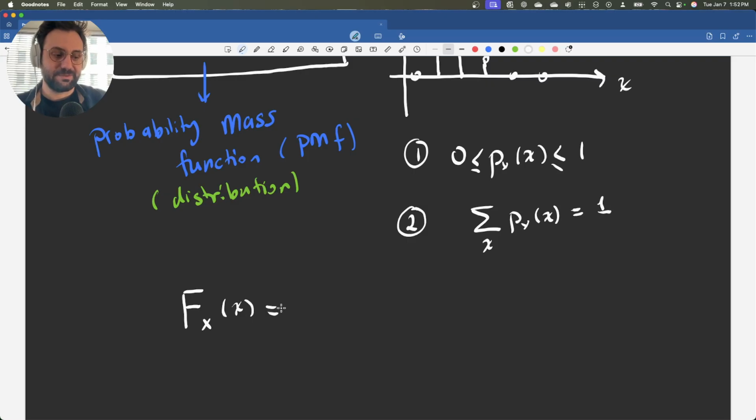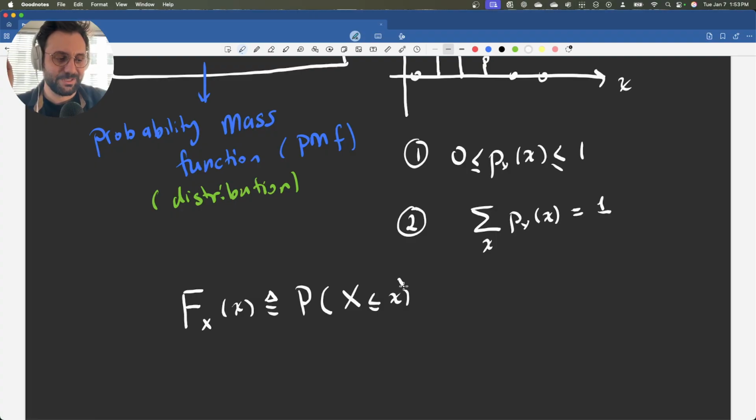It is defined by the probability of X less than or equal to x.